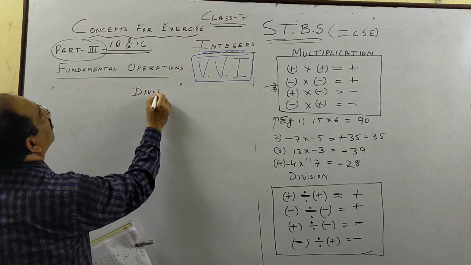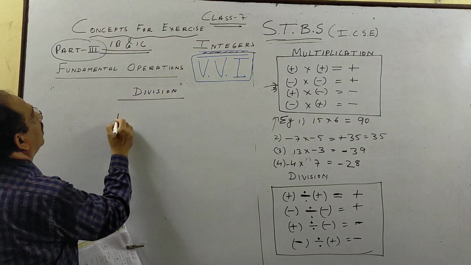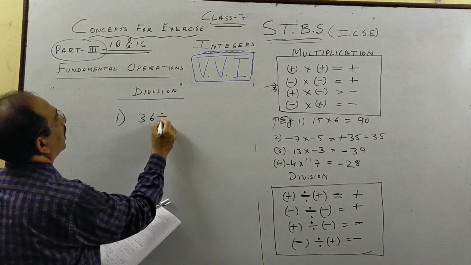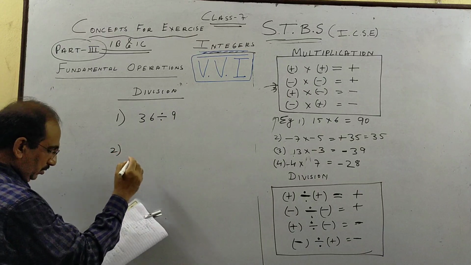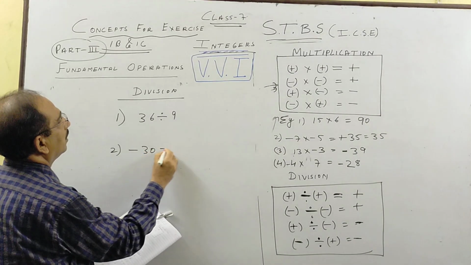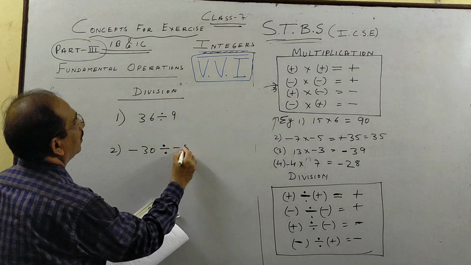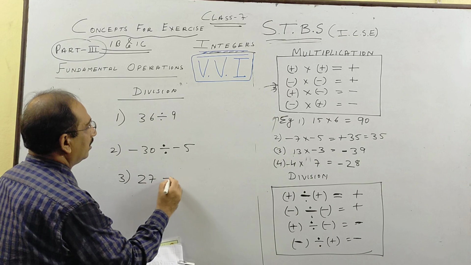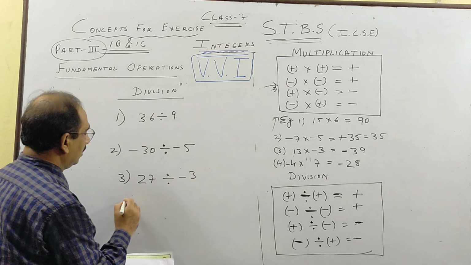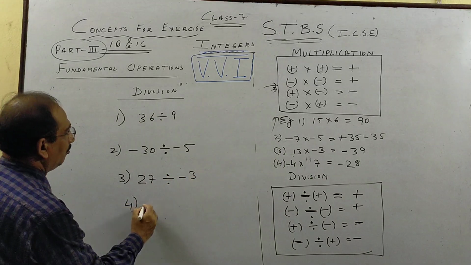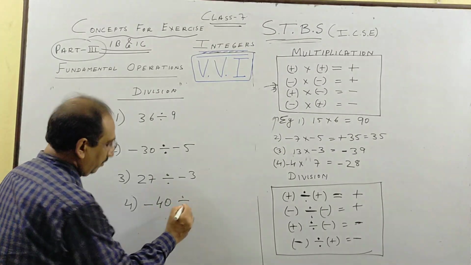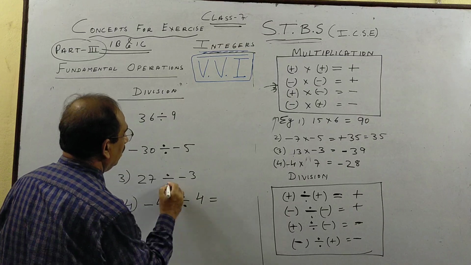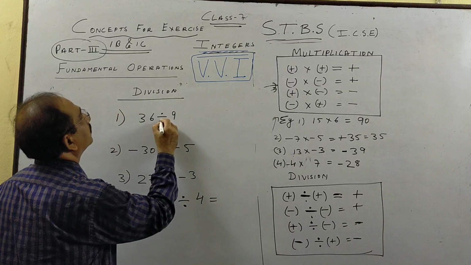Division, we have first one, 36 divided by 9. Number 2, minus 30 divided by minus 5. Number 3, 27 divided by minus 3. And the last one, minus 40 divided by 4. These are all, children, division.